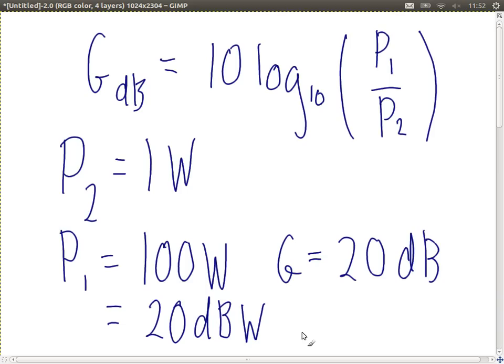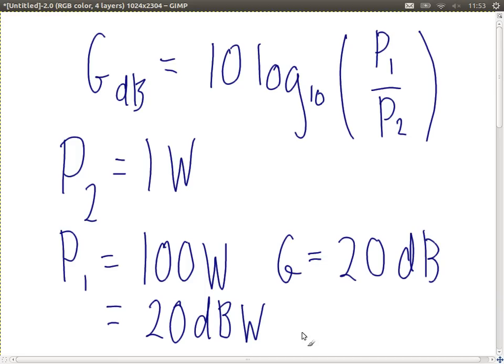The ratio between P1 and 1 watt, so think of this as the reference power level, is 100 or 20 dB. So another way to write 100 watts is simply 20 dBW, where the W means the other power level is 1 watt.